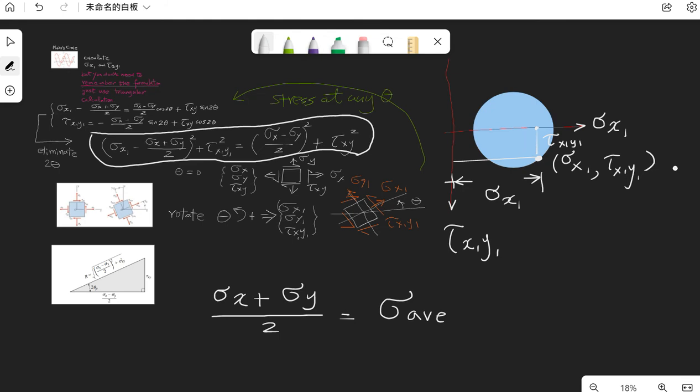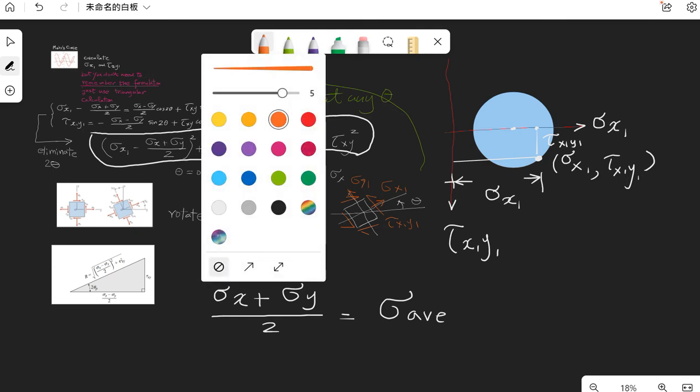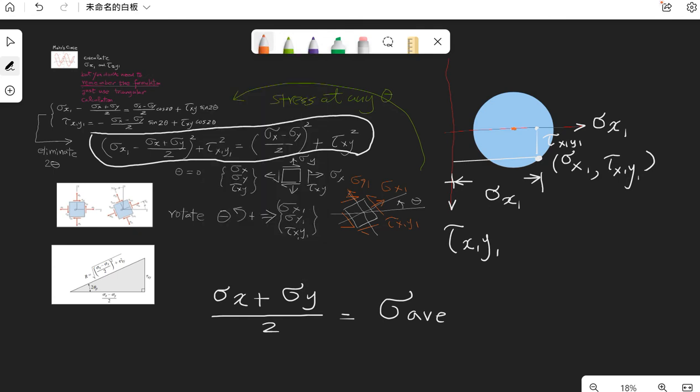So in the geometry, in mathematics, you see here, this is the center of the circle, and the distance from the origin to this center should be equal to sigma x plus sigma y divided by 2.